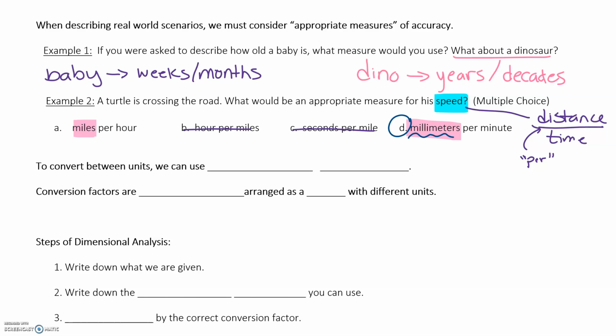All right, so let's get into talking about how we actually convert these. So to convert between units, we can use what we call dimensional analysis. Oops, be helpful if I spelled it right.